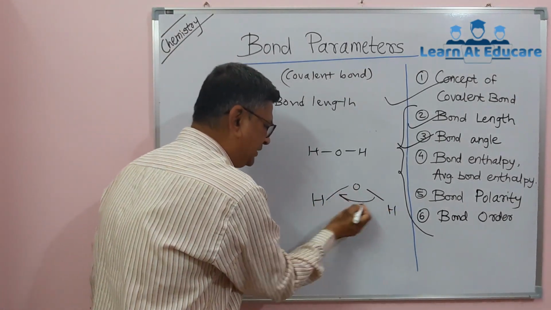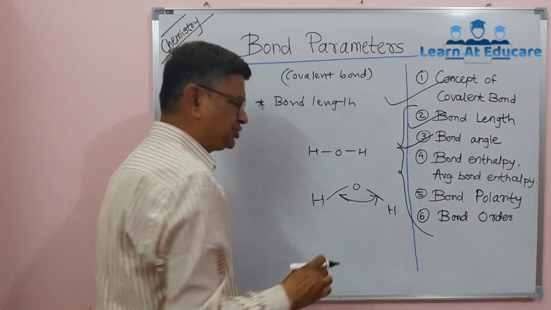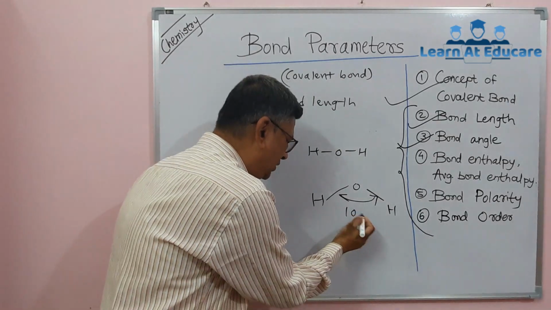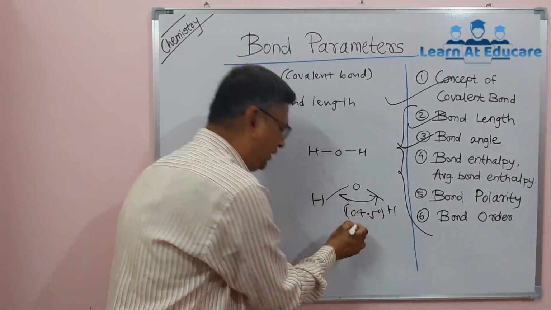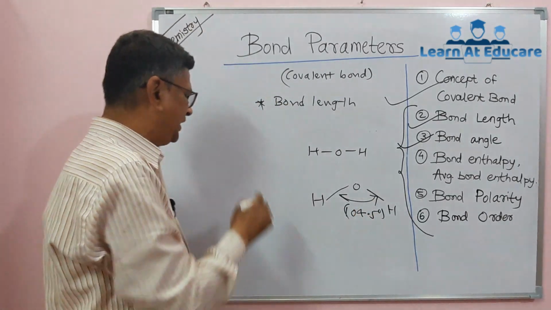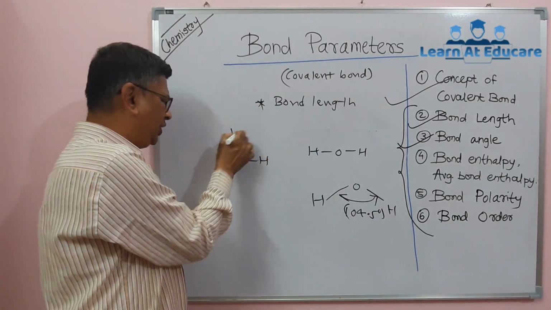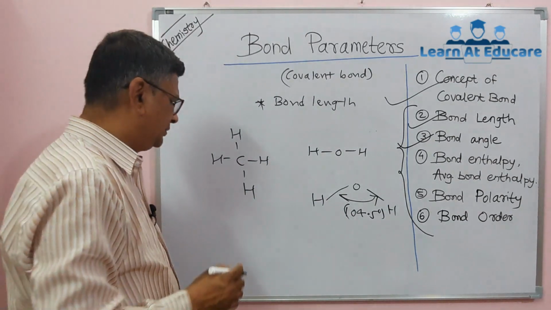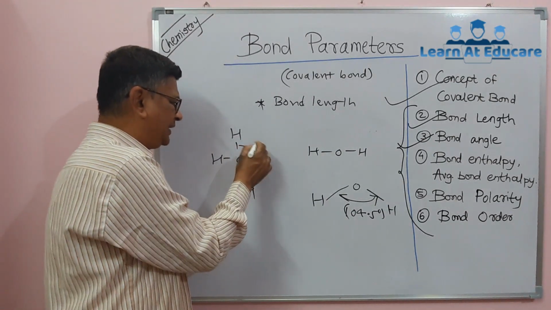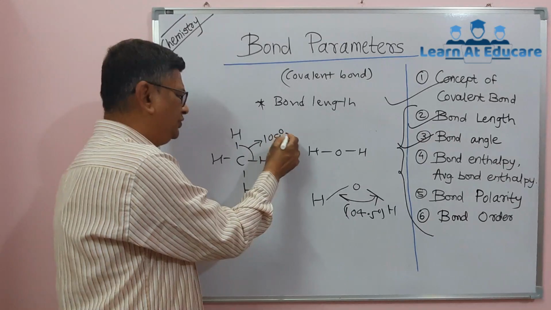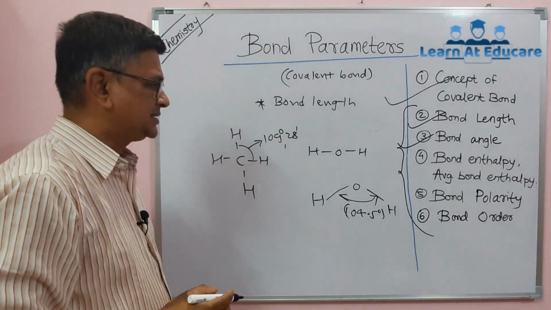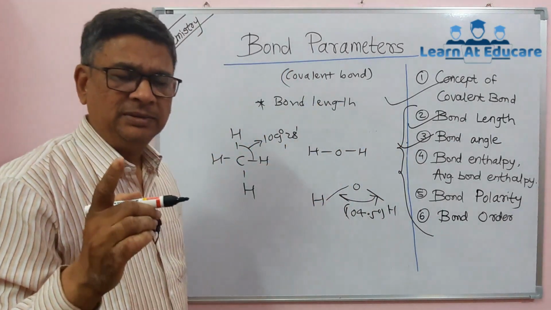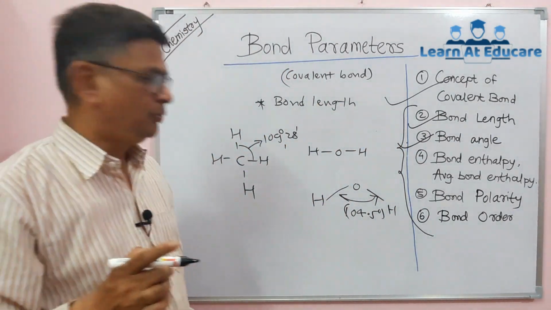Then the bond angle between the two O-H bonds in the water molecule is found to be 104.5 degrees. Or take a different example, the methane molecule, in which there are four C-H covalent bonds, and the H-C-H bond angle there is 109 degrees 28 minutes. So that is the concept of bond angle. It is between two bonds of a covalently bonded molecule.